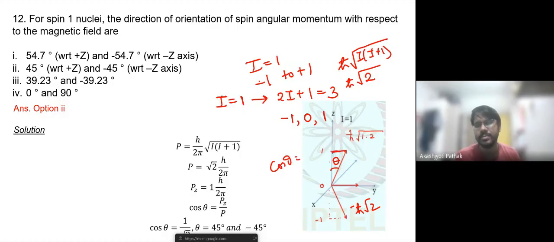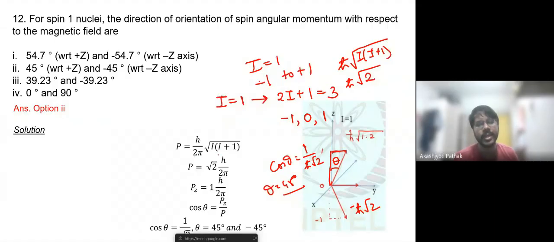This is the base. Your hypotenuse has a value h bar root 2, and the base has a value 1. So the angular momentum is h by 2 pi root over I into I plus 1.